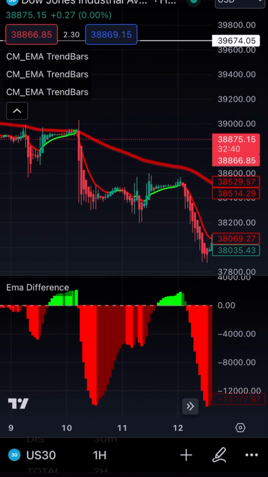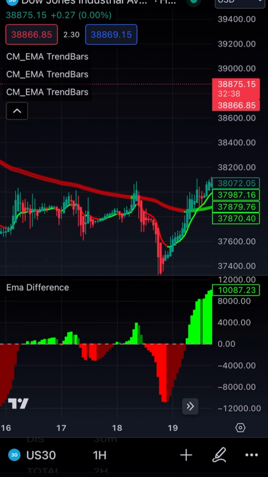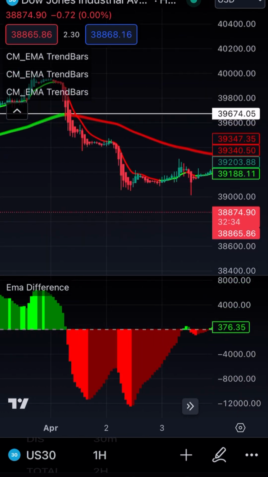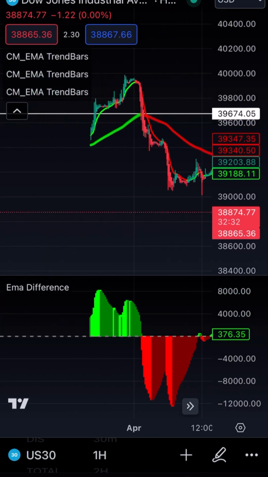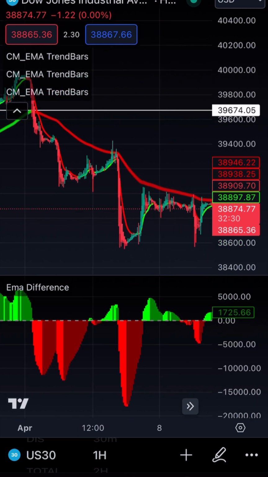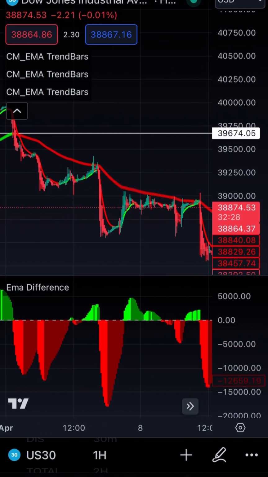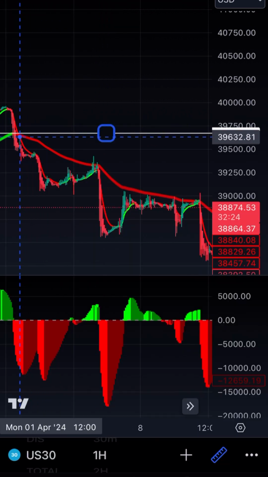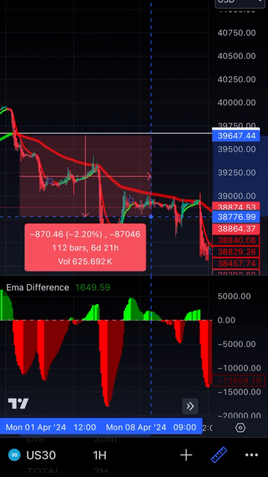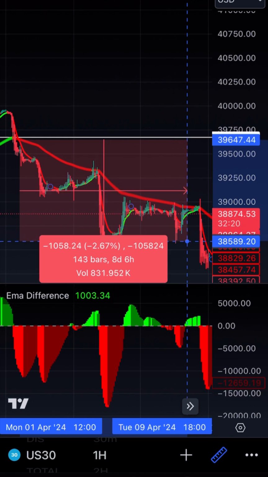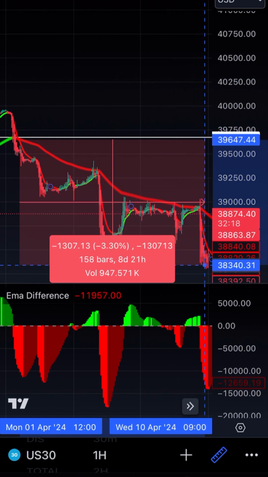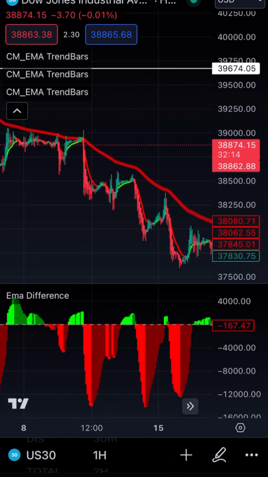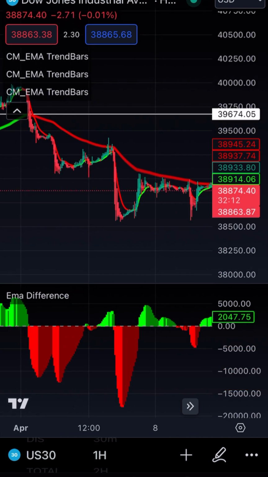So after it has crossed, this entire area is profit if you did a sell. This entire area is profit, which is about $130 and more because it keeps going down.